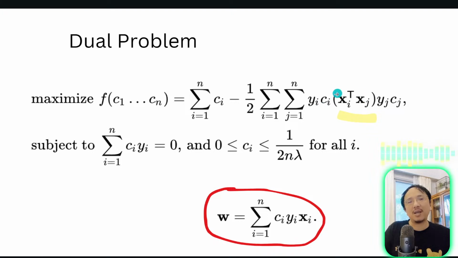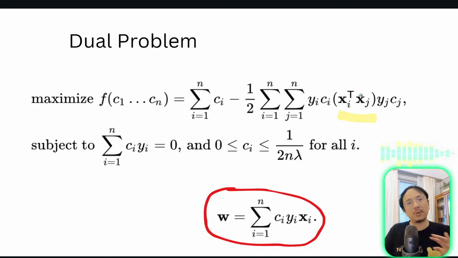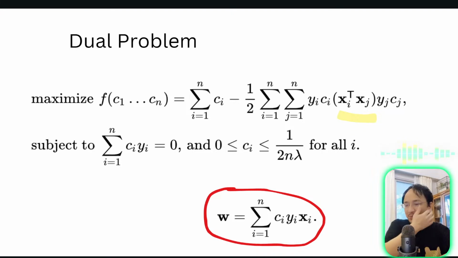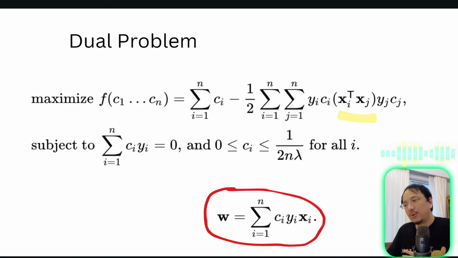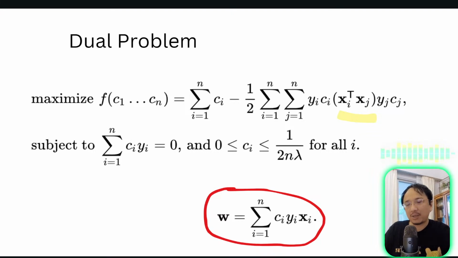The only difference here is x_i, x_j, but this one is the inner product, right? So that's why if we try to solve the dual problem, we only need to know the information of the kernel. We don't need to know the mapping. We don't have to use the mapping directly.